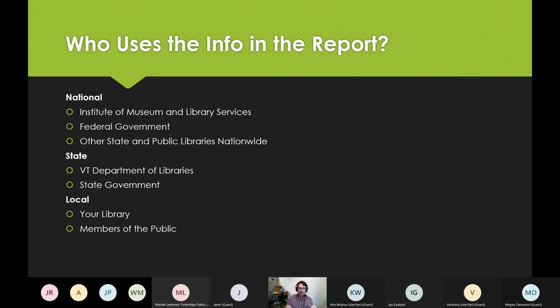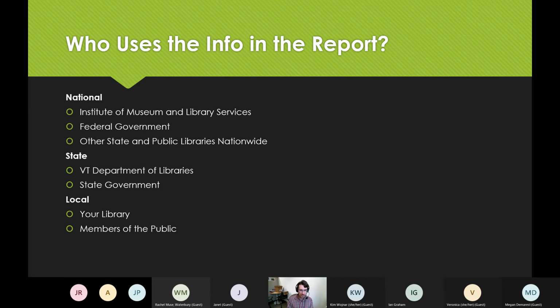Other state and public libraries nationwide also use the data. So if you're in Arizona, in a rural part of Arizona, you may discover that there's a library or a series of libraries in Vermont that give really good benchmarks or comparisons. And the fact that we're all looking at the same data throughout the nation means you can draw conclusions based on a much broader range of data than if you were just looking at Vermont.